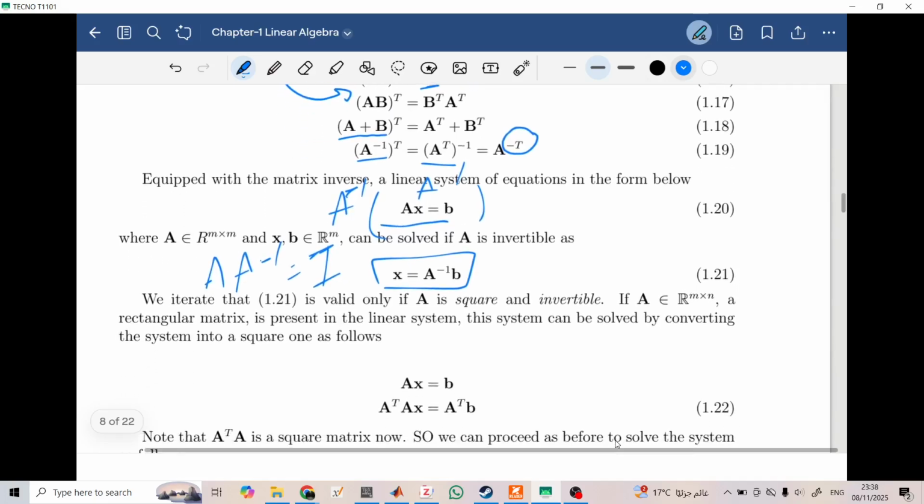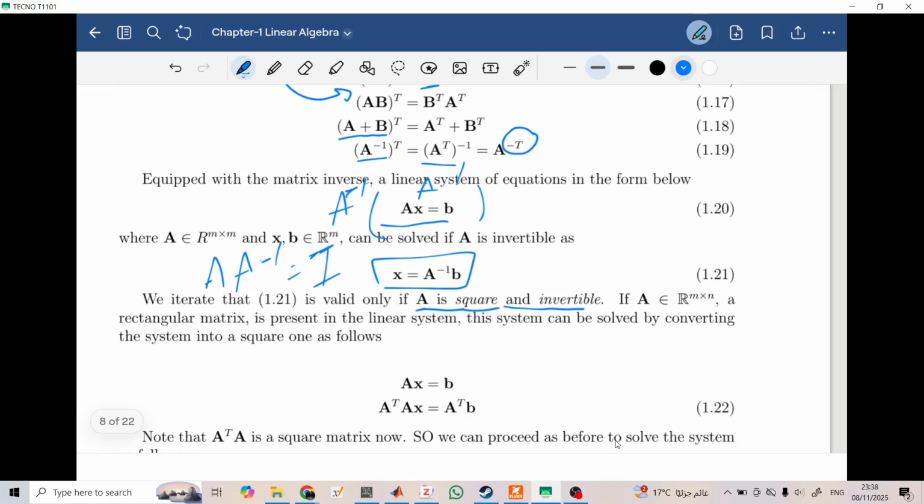Okay, A must be square and invertible, meaning it must be full rank, as we learned in the linear algebra course. Full rank meaning that all the equations are unique, or independent from each other. Okay, they are not scaled copies of each other.